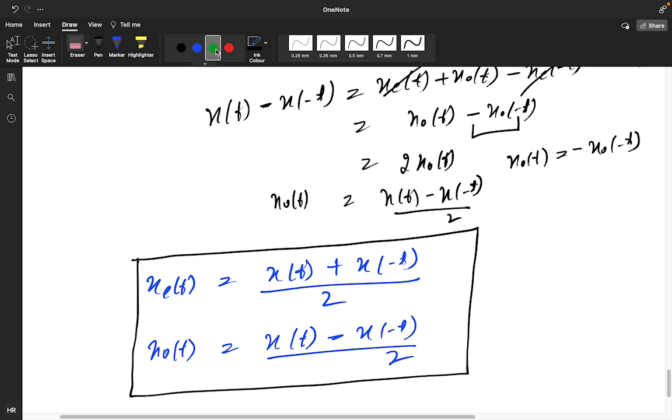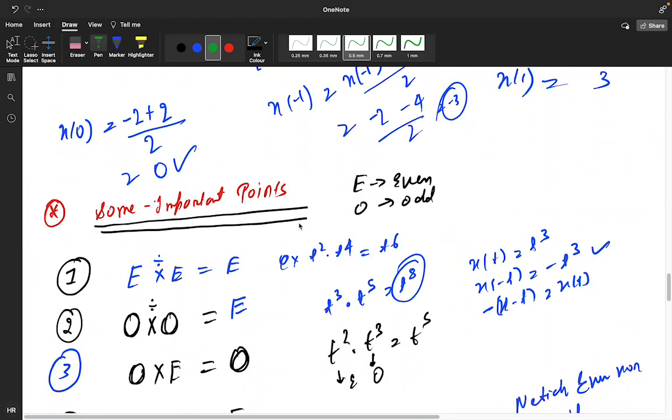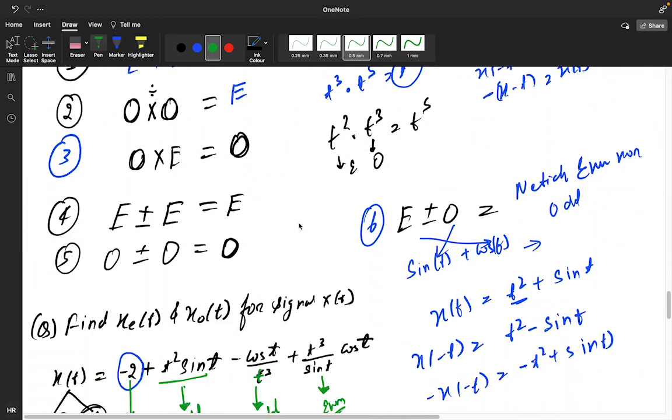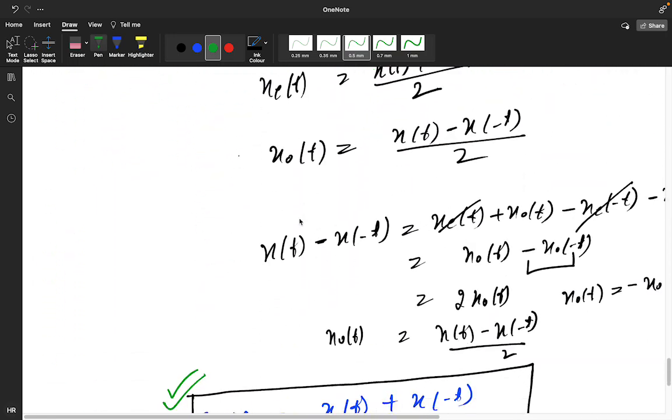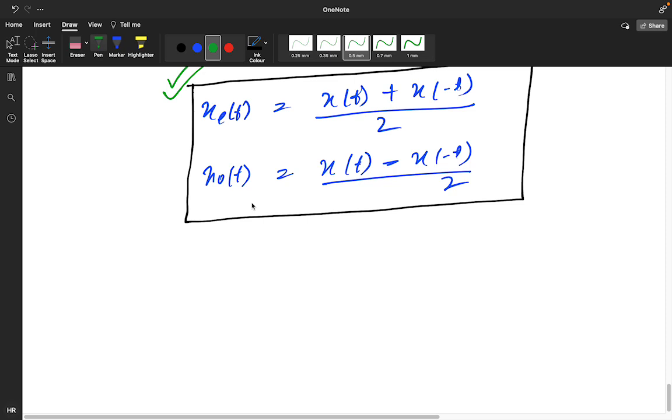Anis, understood this part? Yes, sir. So even into even, these things we did, and the even signal and odd signal formulas we finished. Priyanka, you understood this one or any doubt is there?